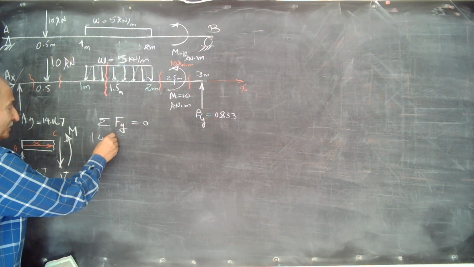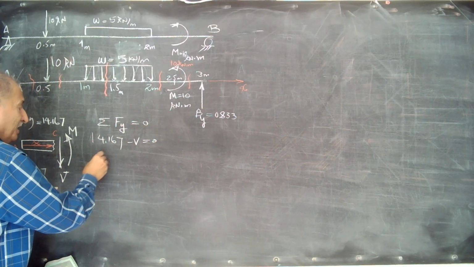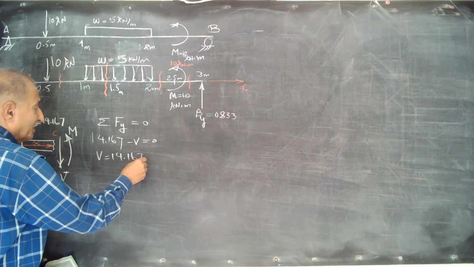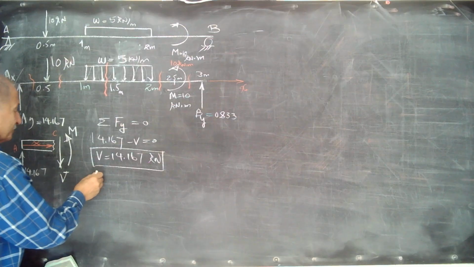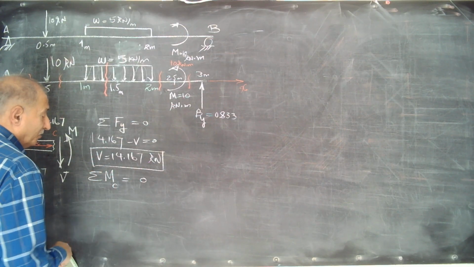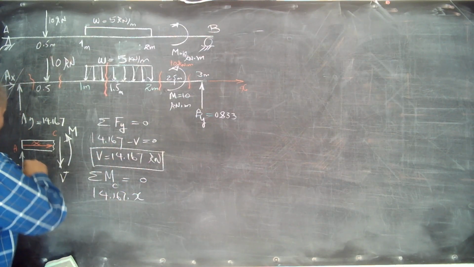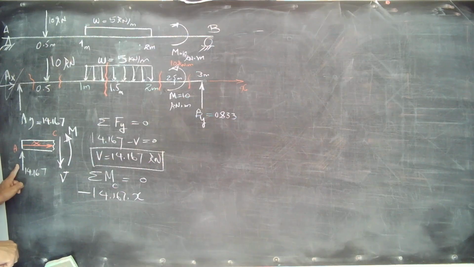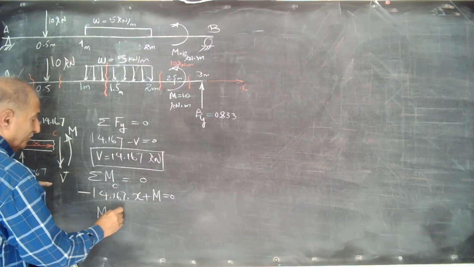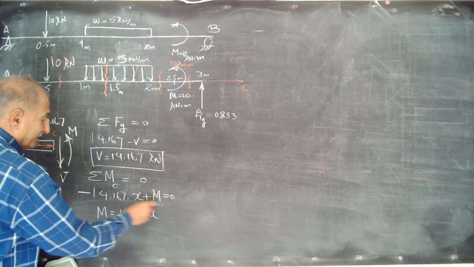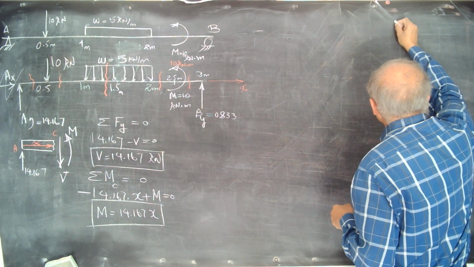Here 14.167, here minus V, which is downward negative, then V is equal to 14.167 kilonewton. And for the M, summation of moment at C equal to 0, then 14.167 times X is clockwise, negative sign, plus M equals 0. You get M is equal to 14.167 X. That's it. I write this answer here because I don't need these calculations anymore.